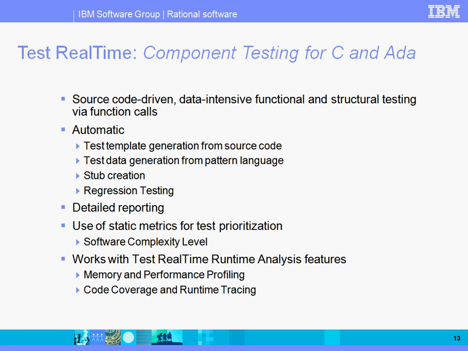You can also perform regression testing, and once you have done this testing, it generates detailed reporting. Apart from this dynamic analysis, we can also do static metrics for test prioritization, and we can work with runtime analysis features along with your unit testing.